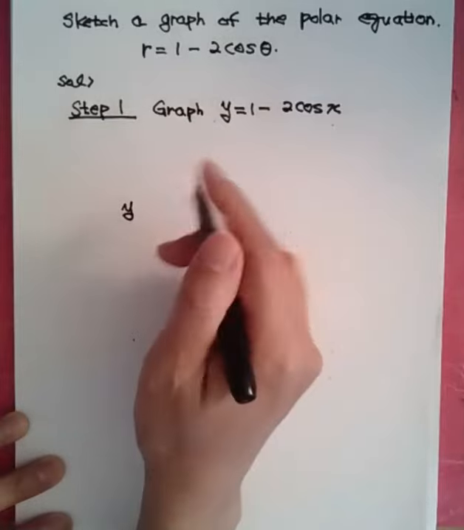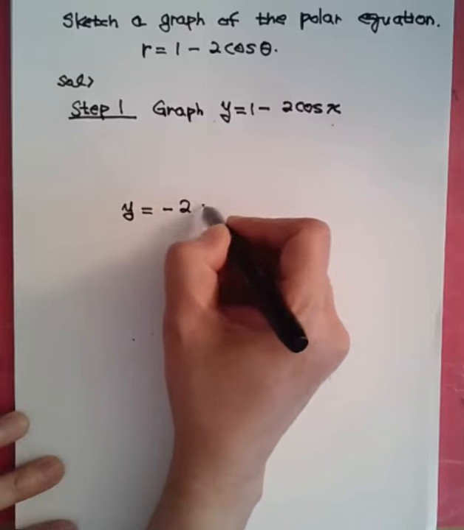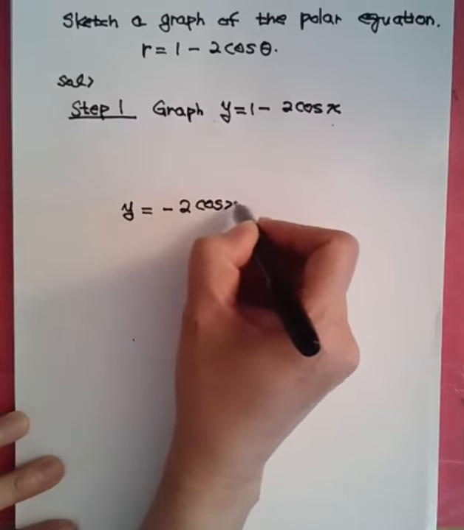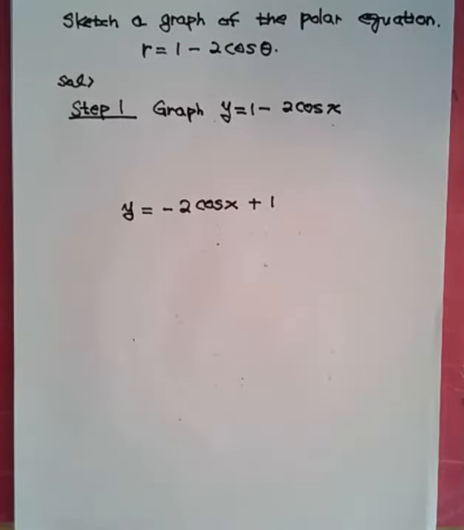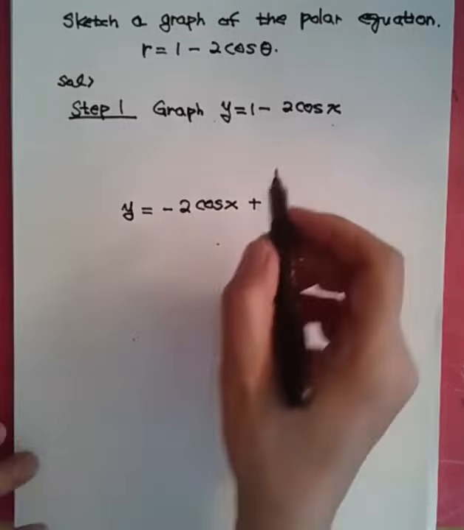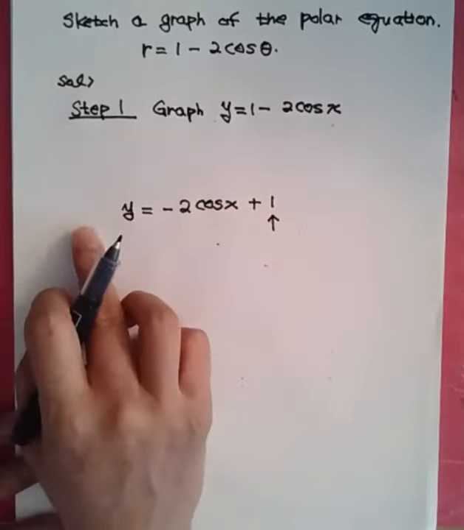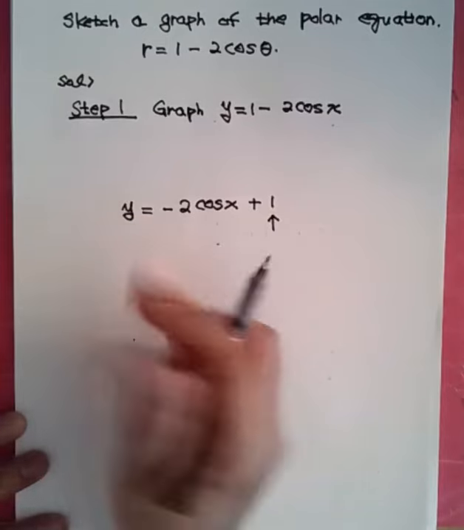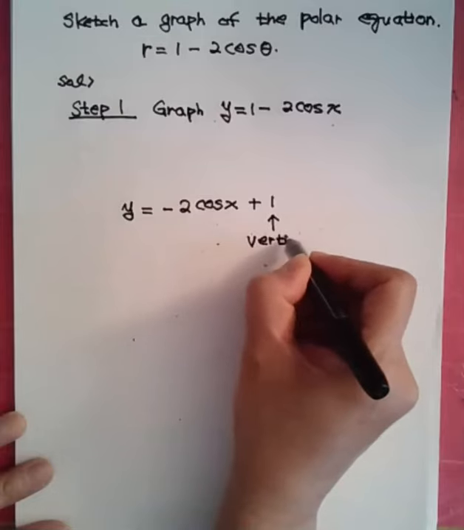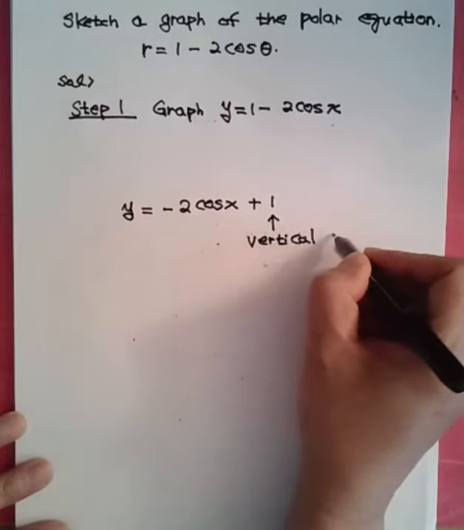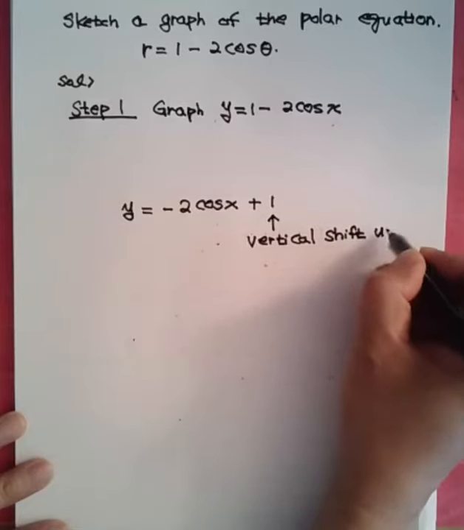The given equation can be written as y equals minus 2 cosine of x plus 1. This 1 is added to the function y equals minus 2 cosine of x, so that means there is a vertical shift up 1 unit.